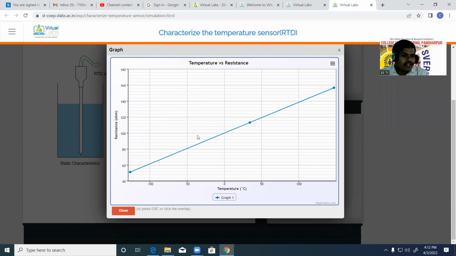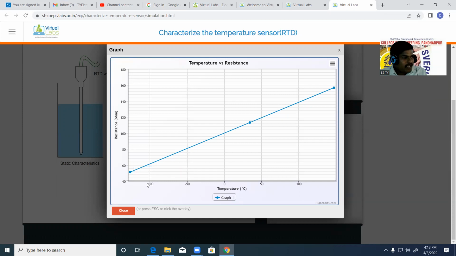So we got temperature. Here it is 0 temperature. Here it is minus degree Celsius temperature. Here it is plus degree Celsius temperature. We got the value of resistance RT 51 when the temperature is near about minus 127.